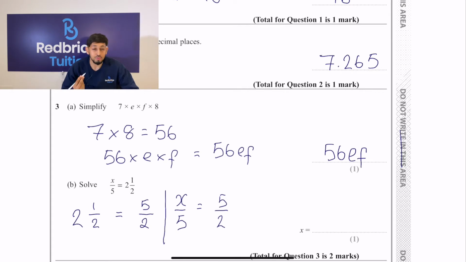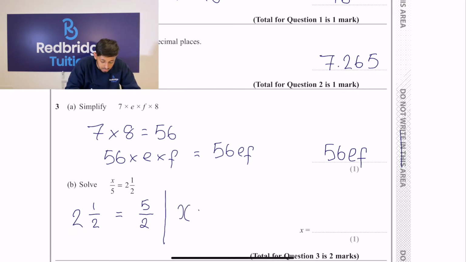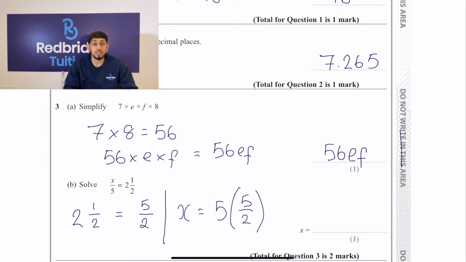So if we've got dividing by 5 on the left hand side, once we move this to the right hand side, we will have it to multiply. So we will have x is equal to 5 bracket 5 over 2. Now these brackets mean multiply. So when we multiply these out, we will form a final answer of x is equal to 25 over 2. This is equal to 12.5.